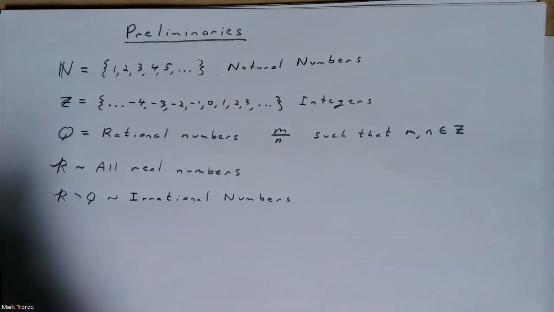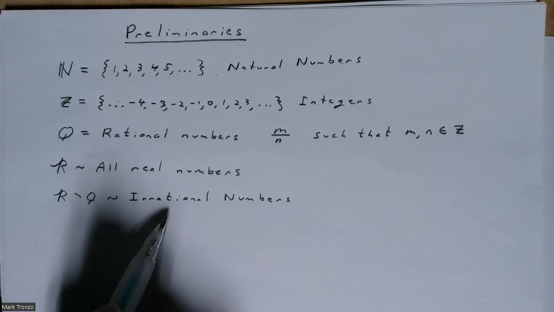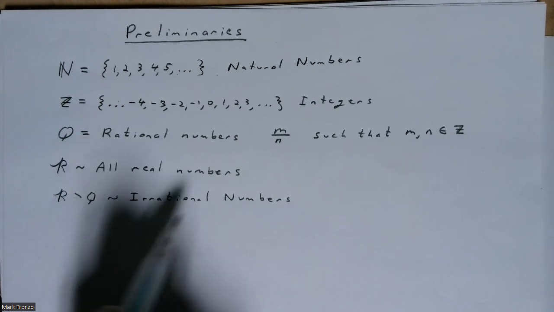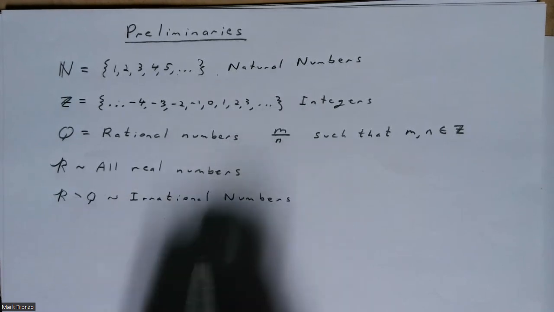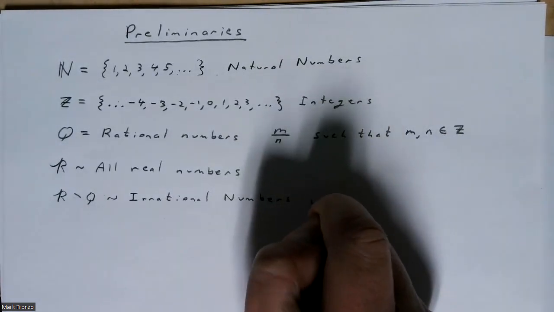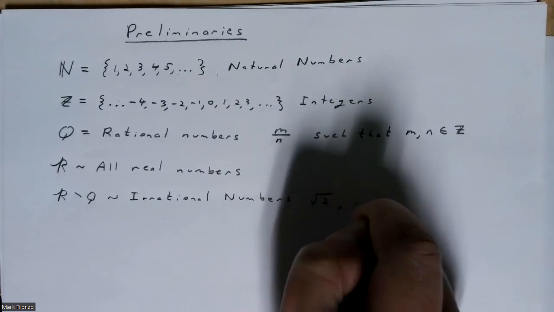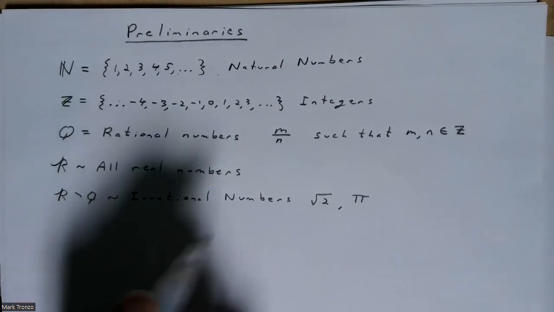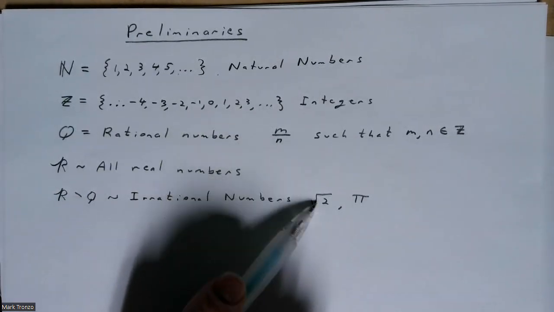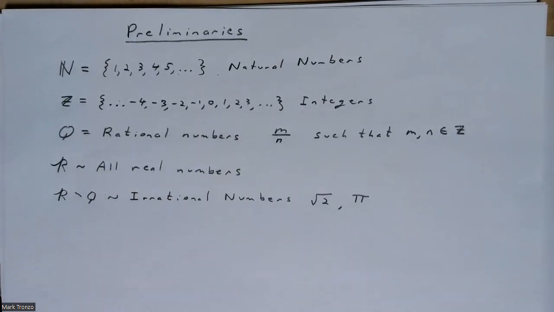Of course, irrational numbers are numbers that cannot be represented as a fraction or a ratio. The most well-known ones, of course, are the square root of 2 and pi. They cannot be represented as a fraction or ratio of two whole numbers or two integers.